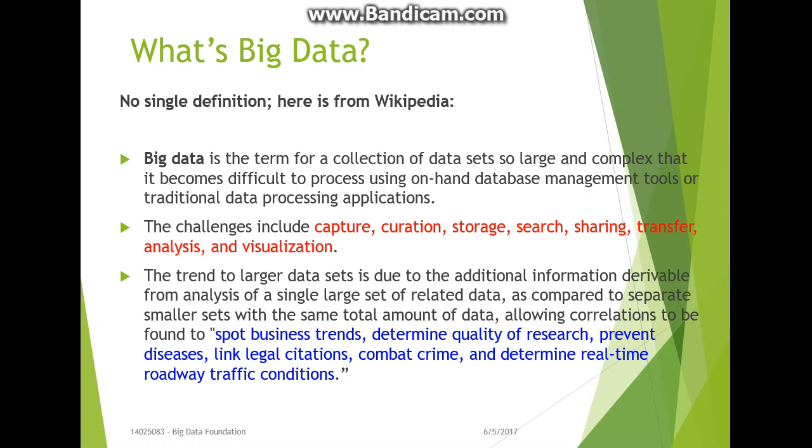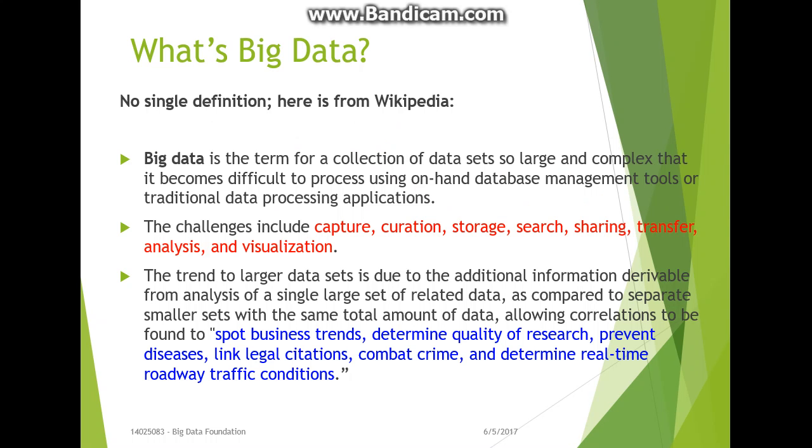Firstly, what is big data? Actually, there is no single definition, and here is a definition from Wikipedia. Big data is a term for a collection of data sets so large and complex that it becomes difficult to process using on-hand database management tools or traditional data processing applications.